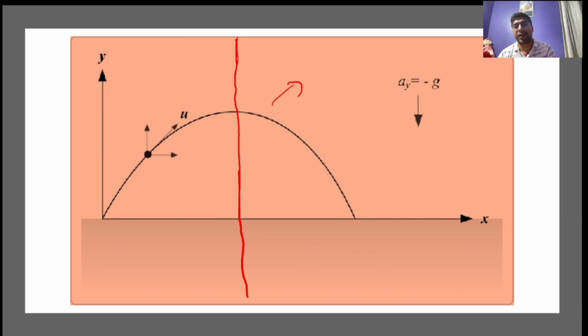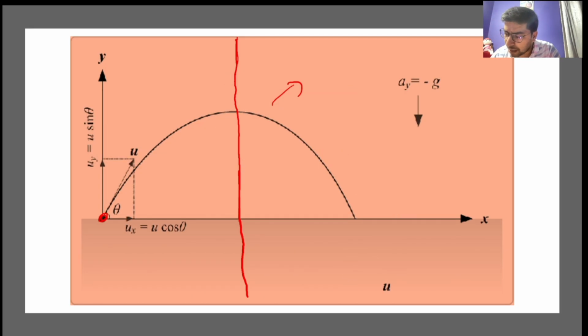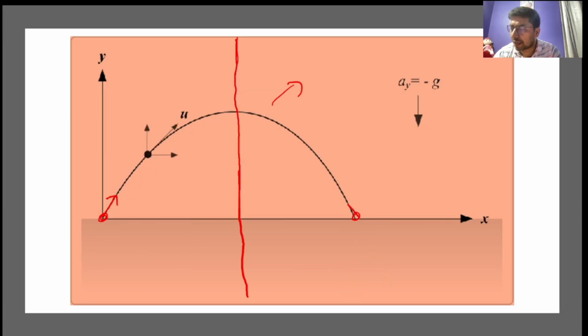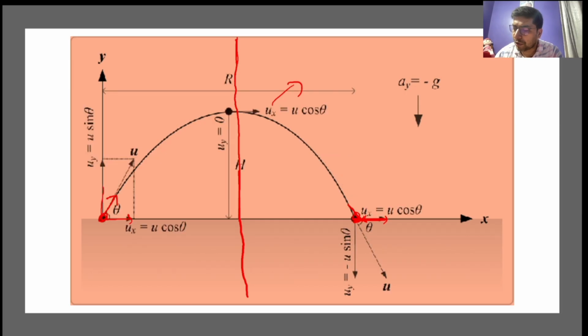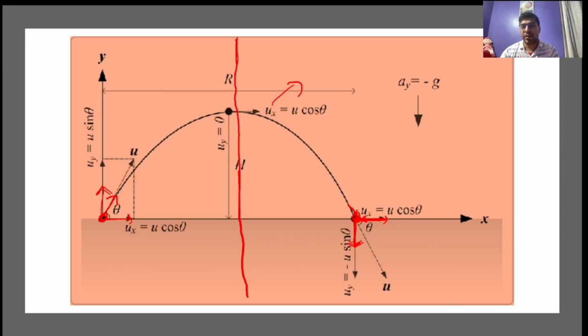One more thing: with the same magnitude of velocity that you throw the object, it hits the ground again. The x component is still the same at both points, but the y component when it hits the ground is reversed. It is the same component of y but in the downward direction. Clear?